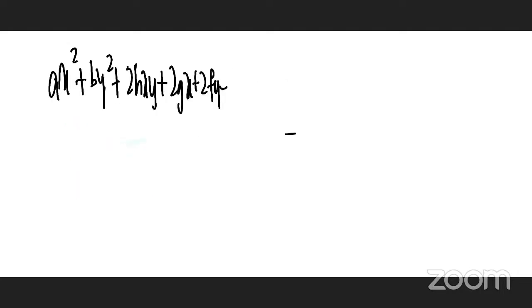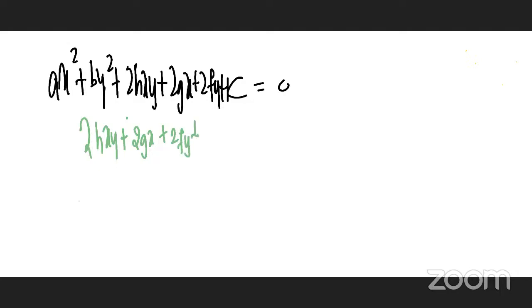So similarly, instead of this equation, if they give the equation, let us say, 2hx plus 2gx plus 2fy plus c is equal to 0, in this equation I have to delete the first order terms, these two terms.